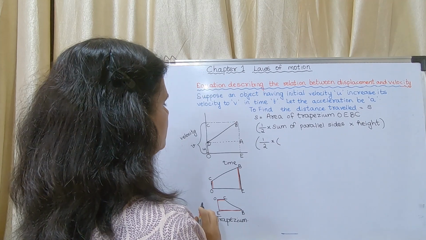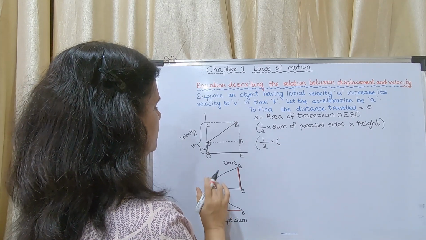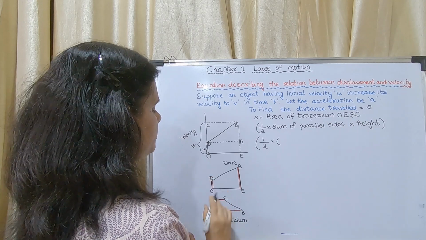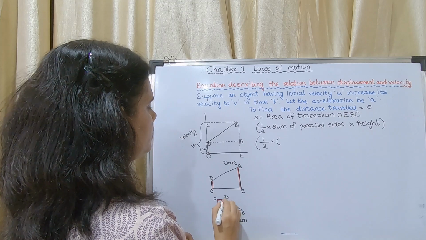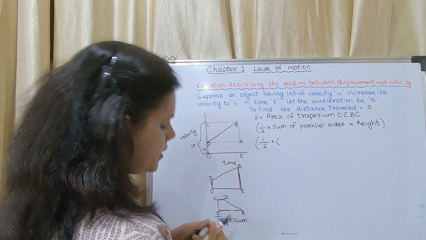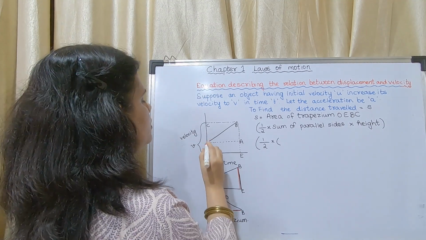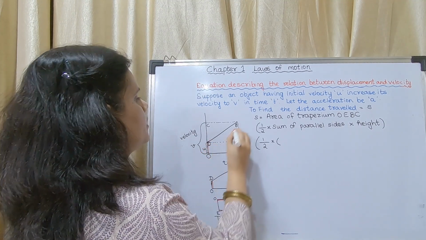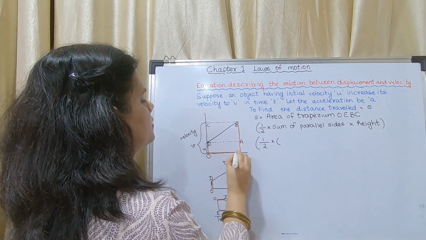The parallel sides are OD and BE. I'll show you. OD, BE, and this is the trapezium.